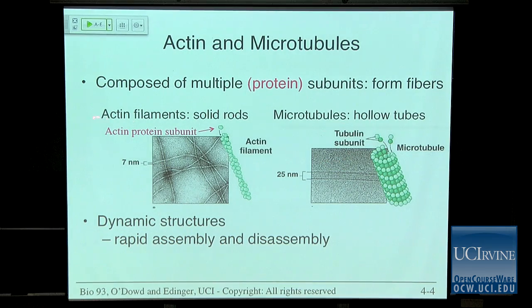So tubulin and actin are both proteins. They're assembled together, and we get a microtubule here, and it's a hollow tube because of the way these tubulin subunits assemble.